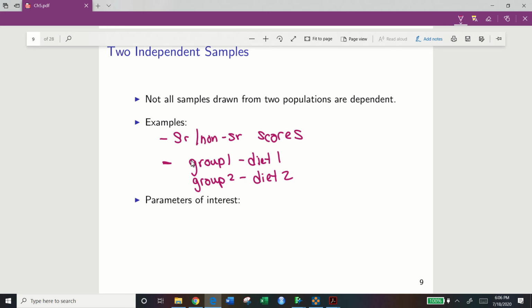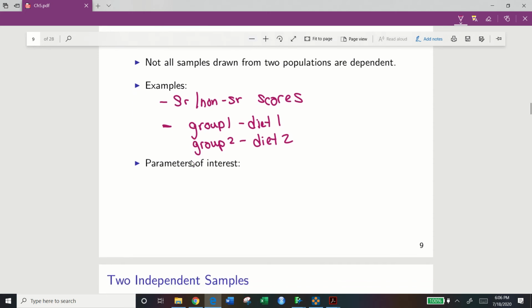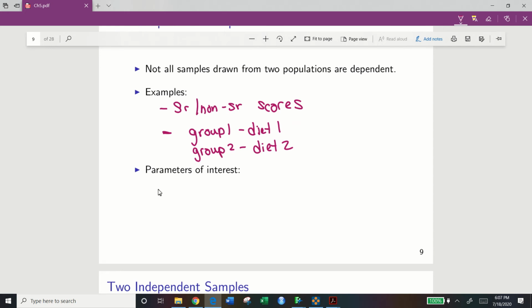When we're doing two independent samples, we have 4 parameters of interest. We have 2 population means, mu1 and mu2, and then we have 2 variances, which would be sigma 1 squared and sigma 2 squared.